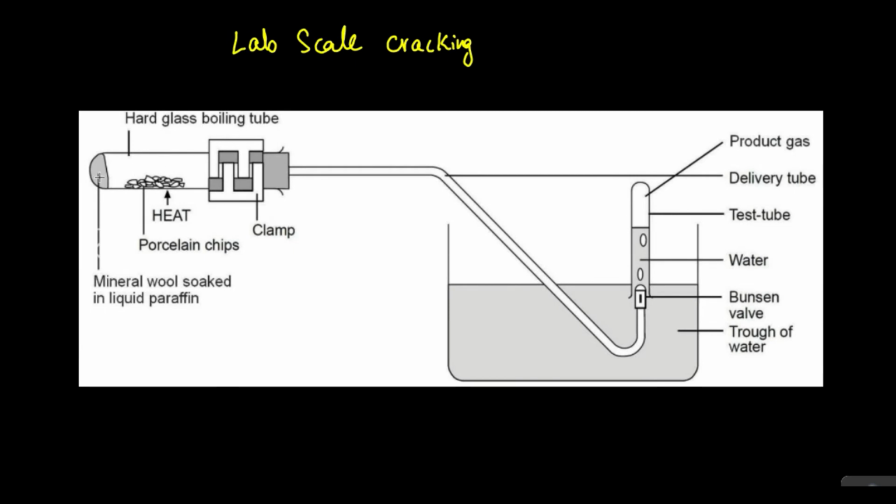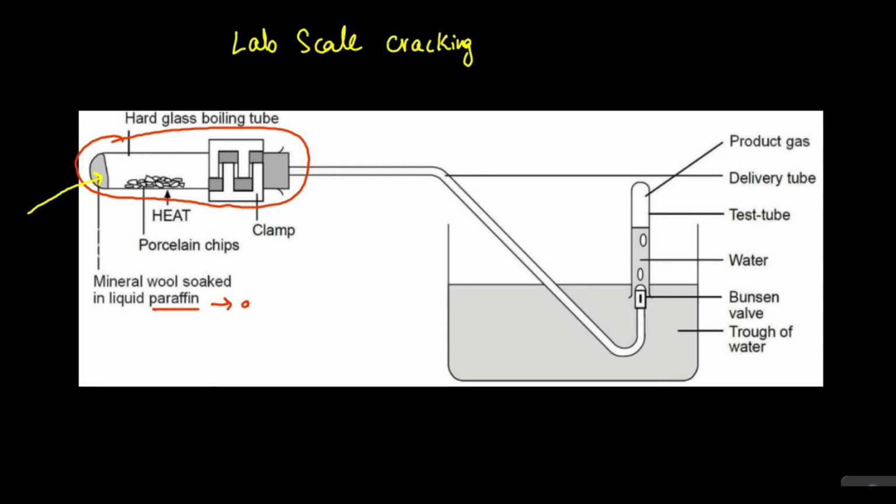we have a hard glass boiling tube over here, which has mineral wool with liquid paraffin. What is paraffin? Paraffin is an alkane. It is a very long chained alkane.